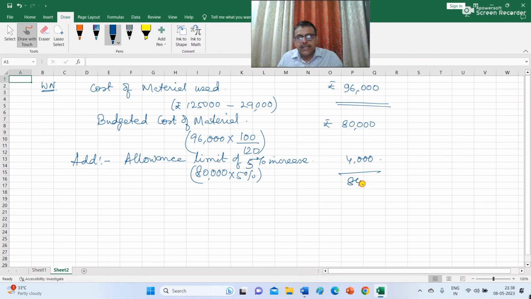So up to 84,000 cost of material, there will be no increase in the value of contract. But since it has increased up to 96,000, there will be an increase of 25% of the difference in the value of contract.